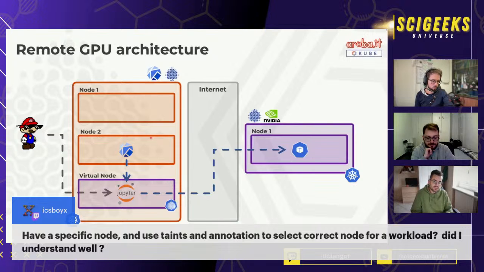So when you set a namespace as offloaded, all the pods running in this namespace will be patched by a webhook in order to have a toleration for this node.